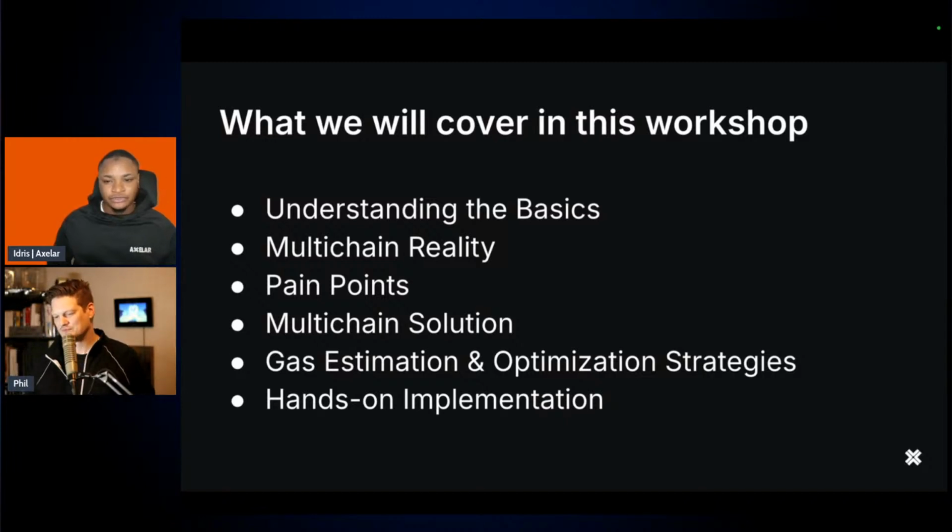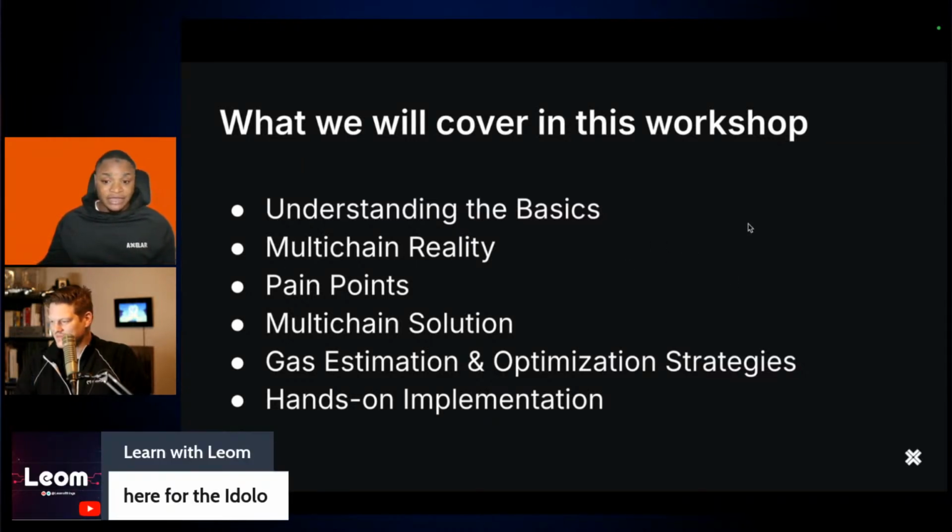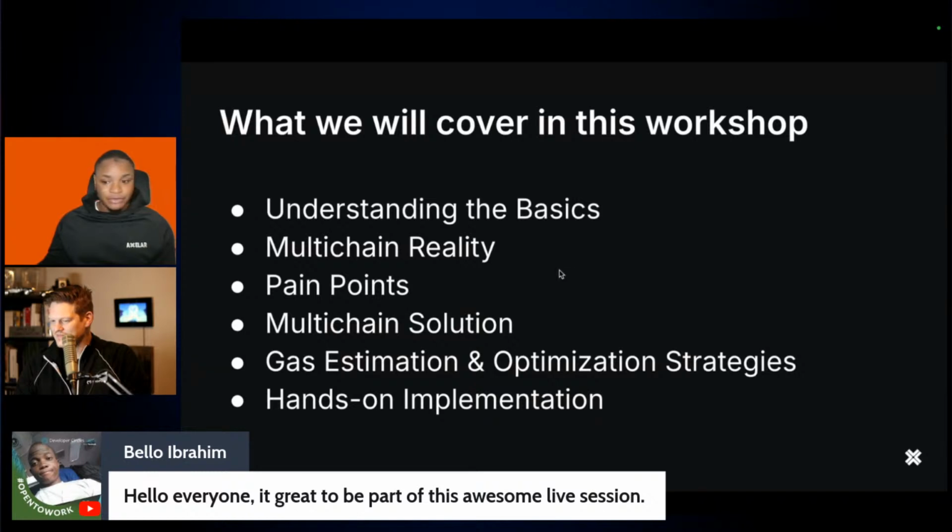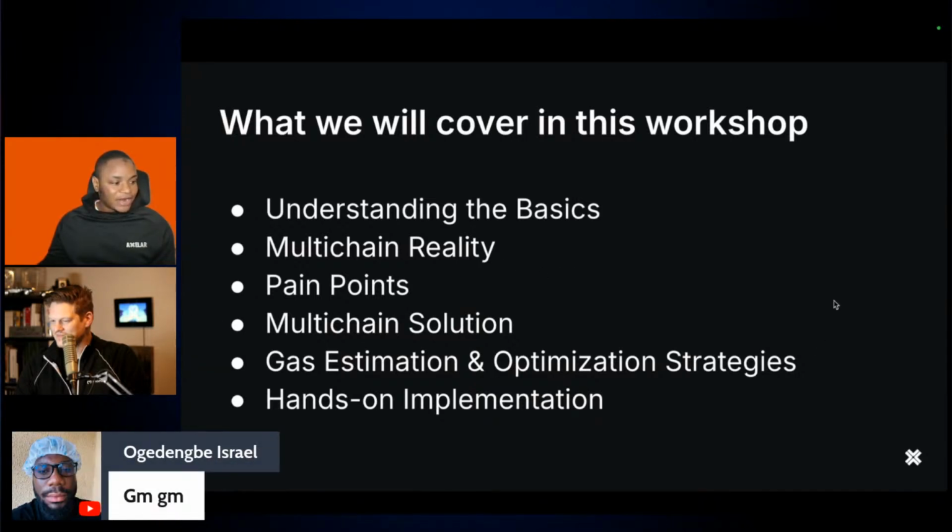How easy is it for you to do it today? What are some of the options available? And then we talk about multi-chain solutions. What is the solution out there that can help you to fix this? And we'll finally talk about the estimation and optimization strategy. And then we'll move on to the hands-on implementation where we get to see some of these things in action. And then, of course, after that, you can implement them yourselves.